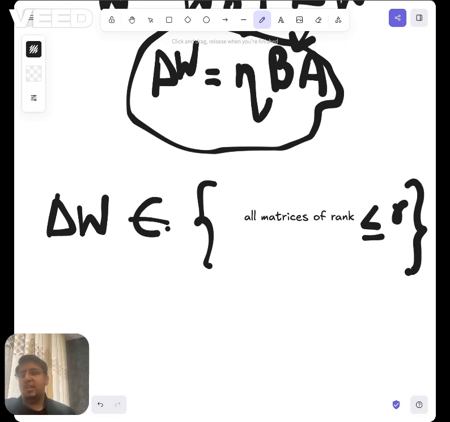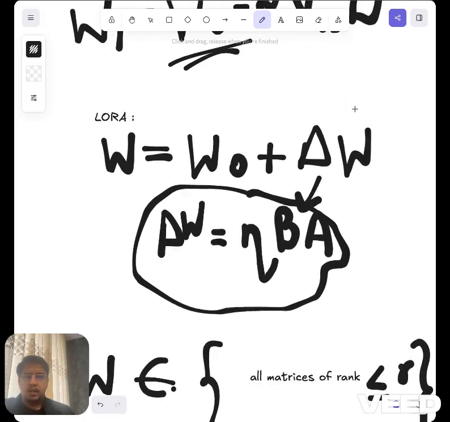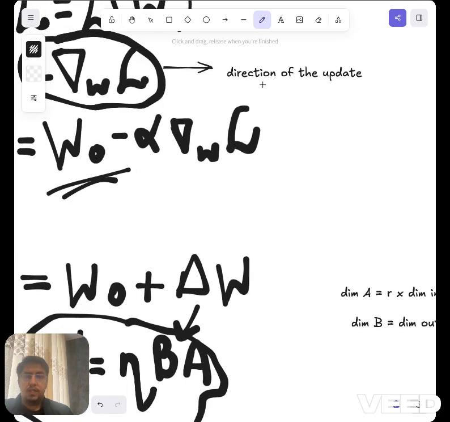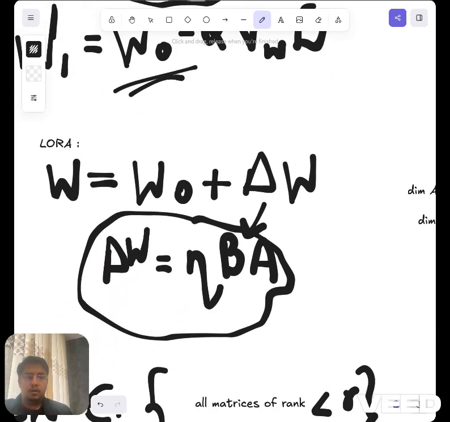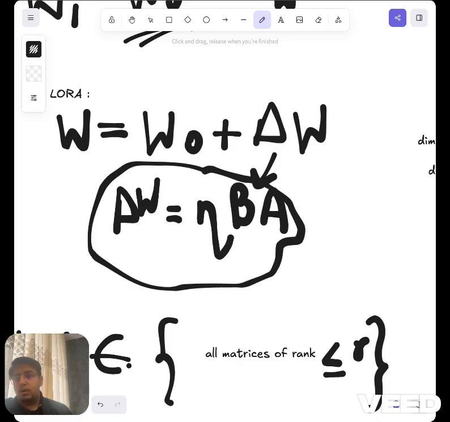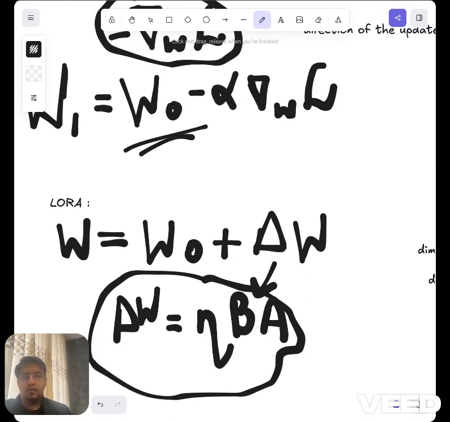When we randomly initialize both these values A and B, that means the column space of B and the row space of A, based on the dimensions of how they're initialized, are random. That would mean that the initial LoRA update direction is almost orthogonal to the true gradient, which is something you could call delta WL.